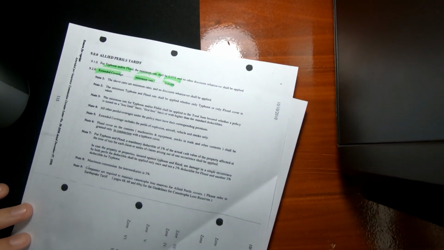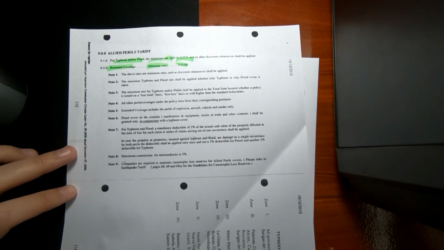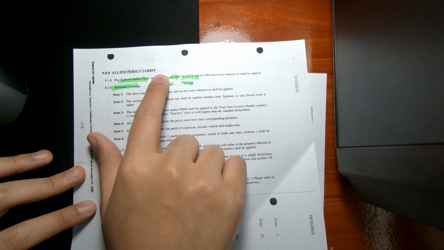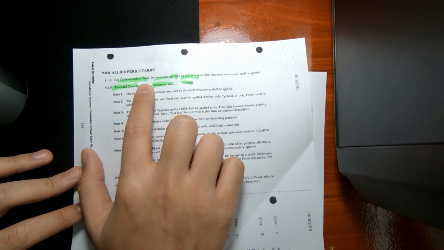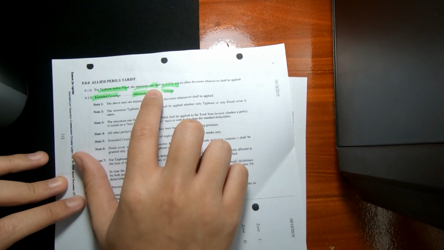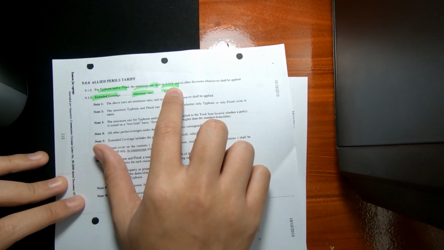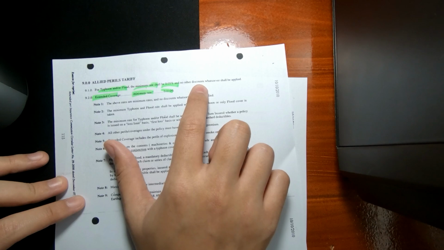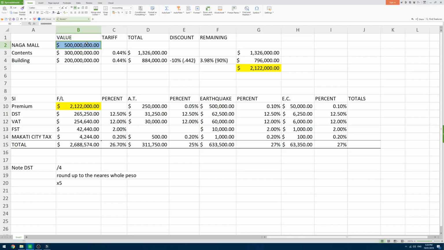Where is it? On page 150, it says Allied Perils Tariff, Typhoon and or Flood, the minimum rate shall be 0.5% and no other discounts whatsoever shall be applied. What that means is we have no 10% discount or other discount that can be applied. So, directly from 500 million, multiply by 0.0005.